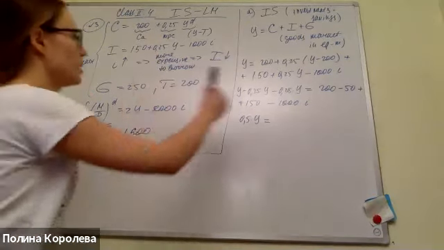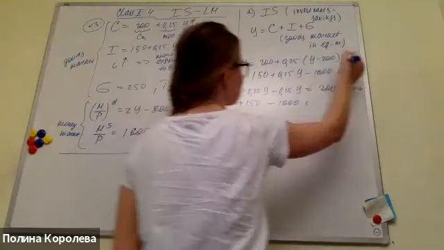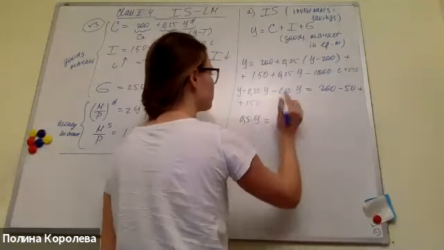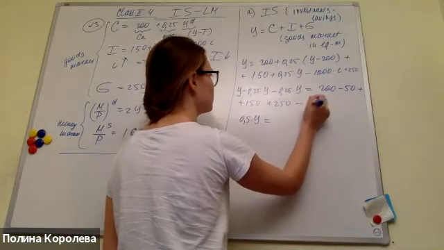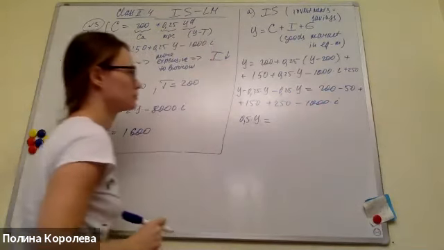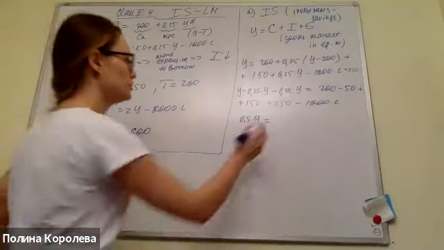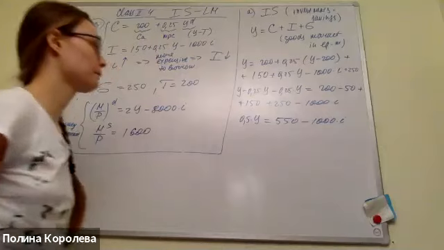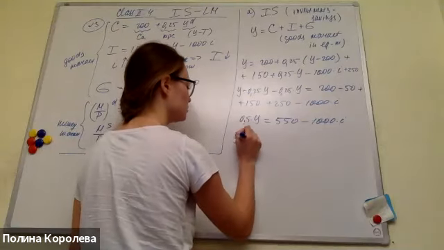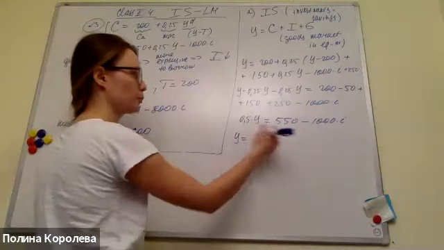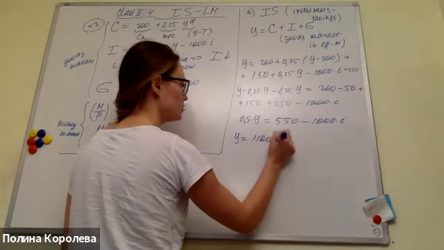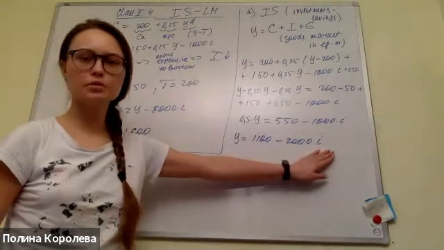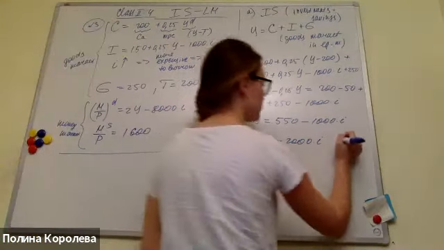I forgot government spendings, 250, here, plus 250. So here, 550 minus 1000 multiplied by i. And then lastly, GDP equals 1100 minus 2000 multiplied by i. This is the formula for the IS relation.